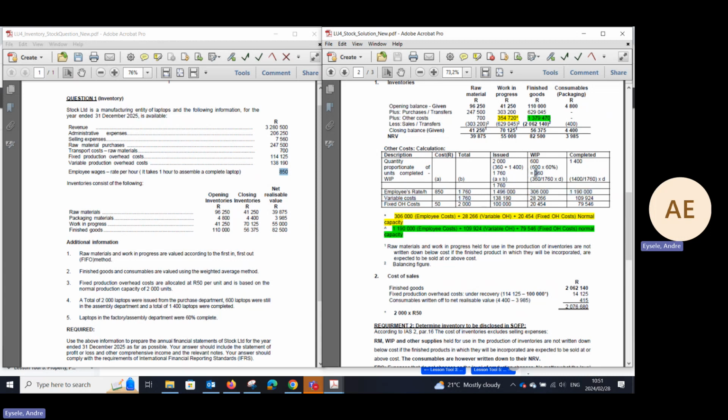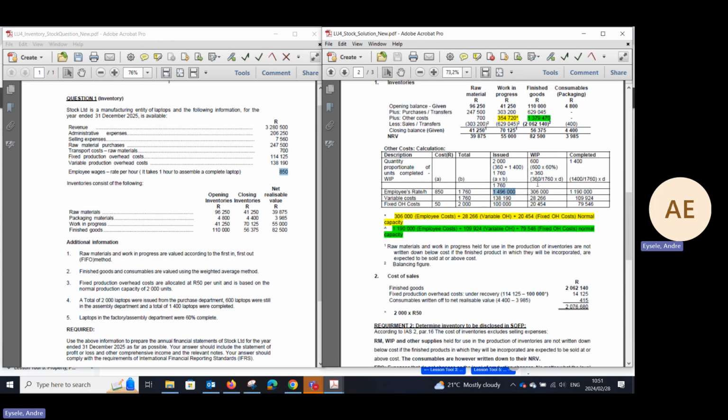Therefore, 360 plus the 1,400 that are completed gives you 1,760. Now, 850 times the units is 1,496,000. But we need to allocate only a section to work in progress according to the percentage of completion stages.